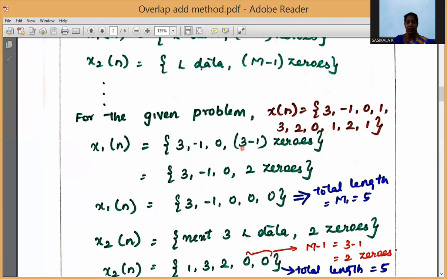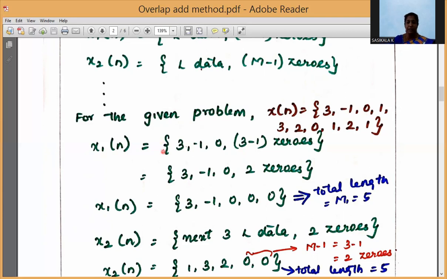Here the m value is 3, so 3 minus 1 zeros, that is 2 zeros, I have to add. But the length of each sequence should be 5, so I have to take only 3 data from x of n. The remaining 2 data are zeros. That is the rule. So here from x of n, I have 3, minus 1 and 0. The first 3 data I have taken from x of n.